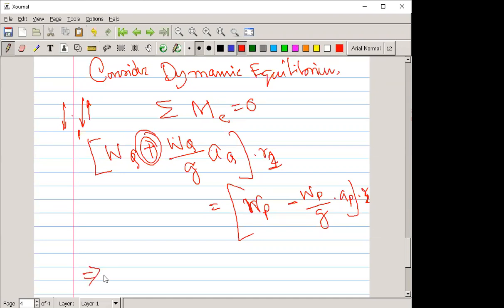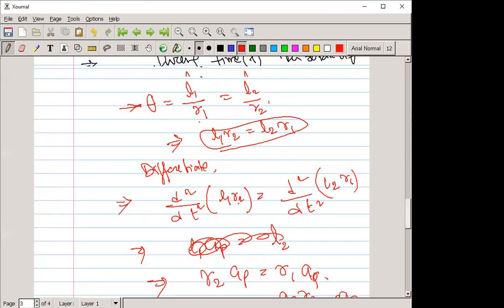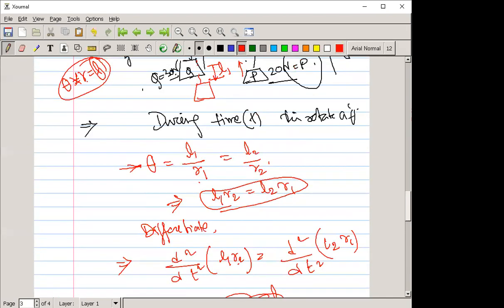So now what we have to do? Just put the value. AQ is equal to 2 into AP.